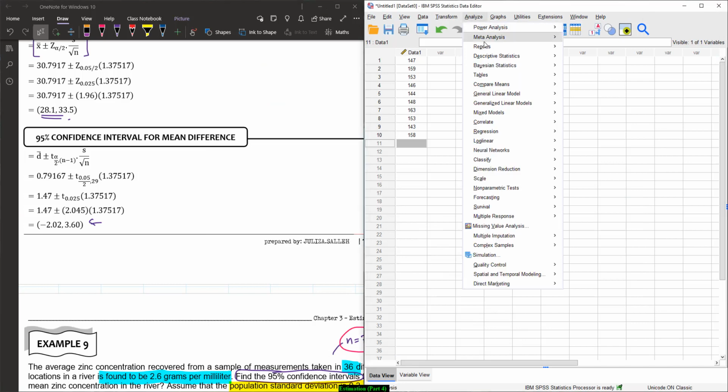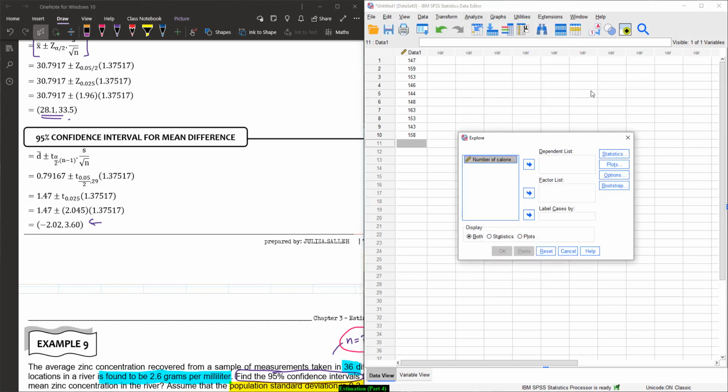So we need to go to analyze, descriptive statistics, and click on explore. Explore will give us the confidence interval of the mean. In explore, we will see three boxes on the right side: dependent list, factor list, and label cases. We just put the variable into the dependent list.